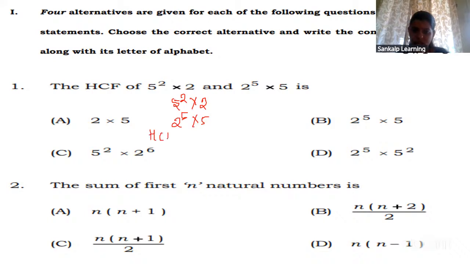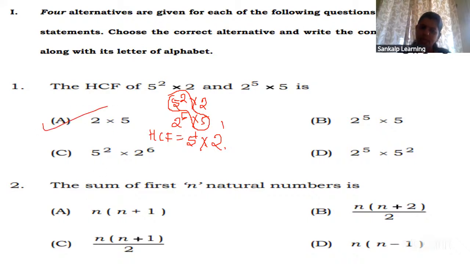That is the common number between these two. Yes, 5 is there, but here 5 raised to 2 is there and here 5 raised to 1 is there. Therefore, common is 5 raised to 1. Here 2 is there and here 2 raised to 5 is there. Therefore, common is 2 raised to 1. So, 2 into 5, or you can say 5 into 2. Which option is right? 2 into 5. Option A is right.